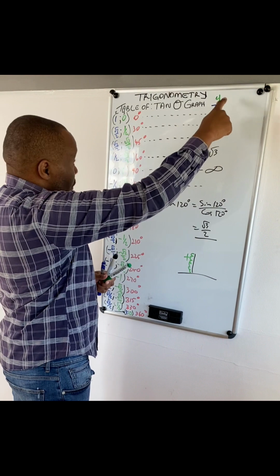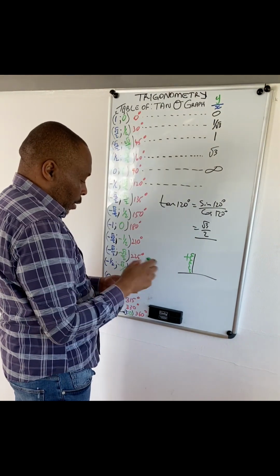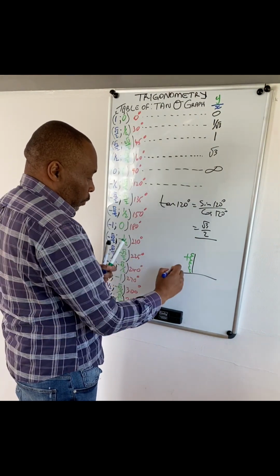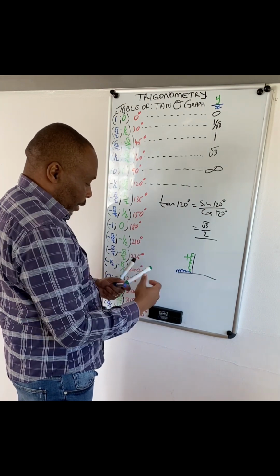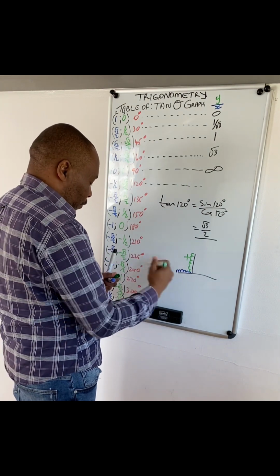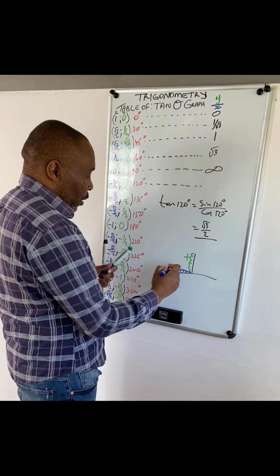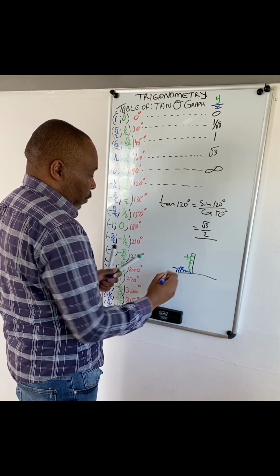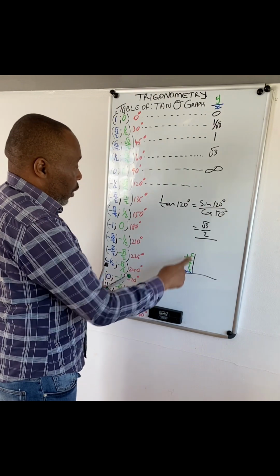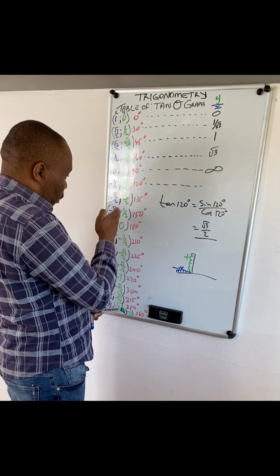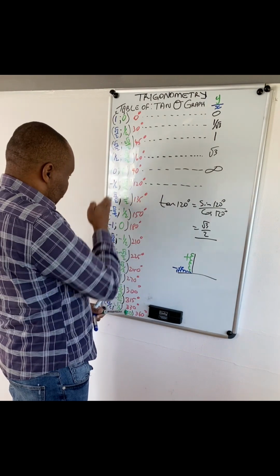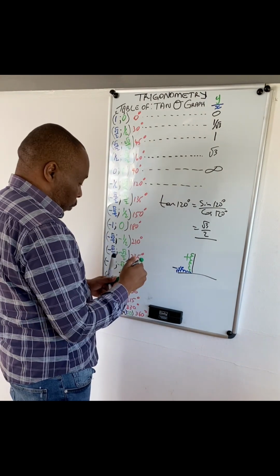I'm using the same color I used for y, and for the x value, this is the part, and this part is negative. Right, so you see, the y value in the second quadrant is positive, the x value is negative, and we've got it that way here.